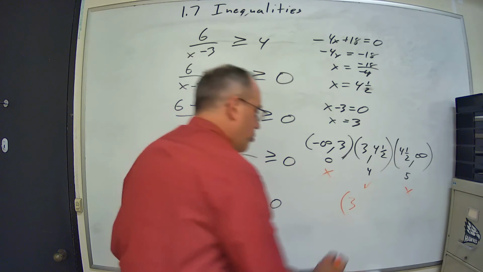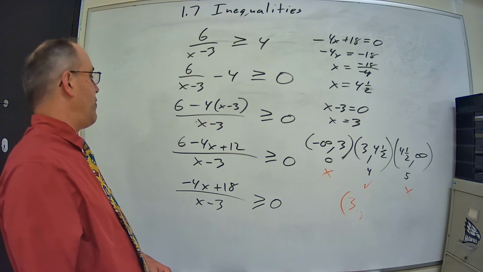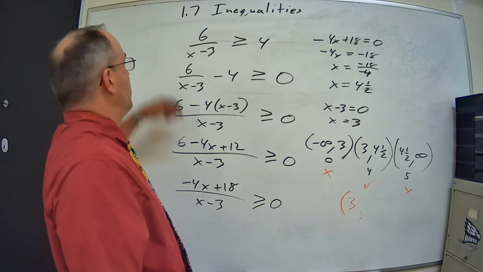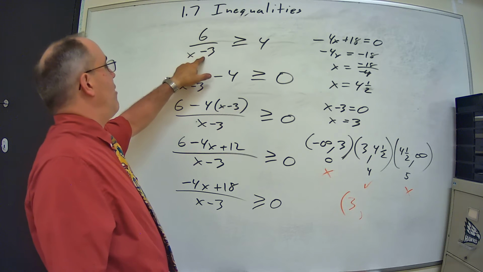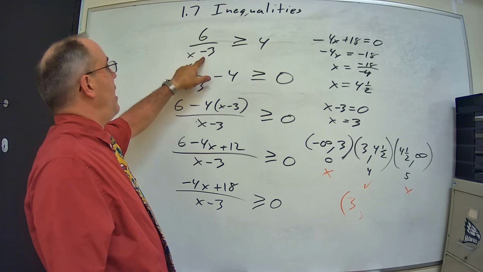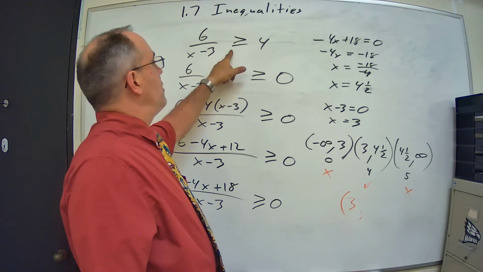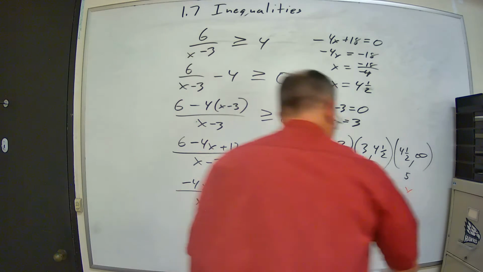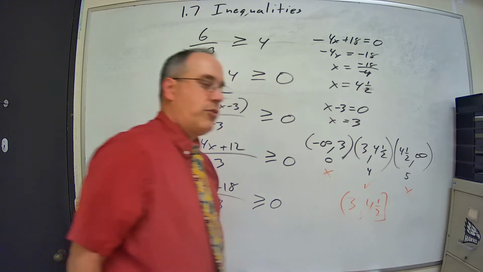So we cannot include 3. Well, let's try 4.5. Where did that 4.5 come from? That came from the top, so that should be good. So 4.5 minus 3 gives you 1.5. 6 divided by 1.5 is 4. 4 is greater than or equal to 4, so that's good. So 4.5 inclusive.